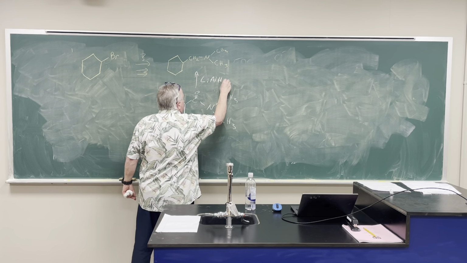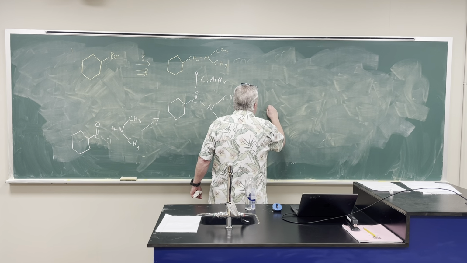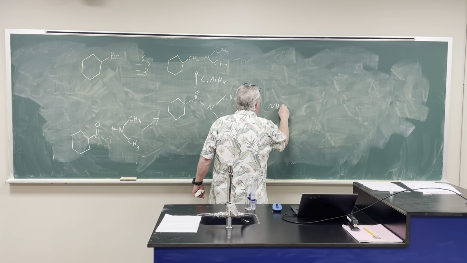We would probably, again, just throw an extra equivalent of amine in there because the other product we're going to make is this. So we would need to use two equivalents of our amine to get there, but we can do that.